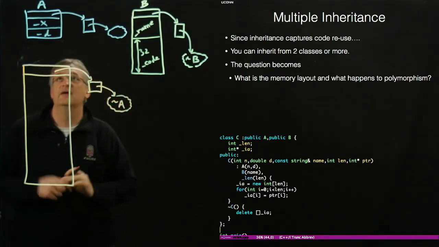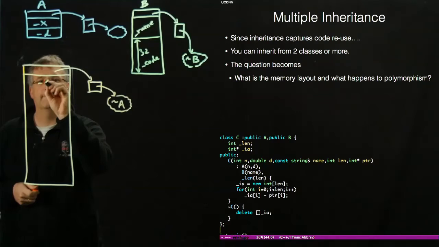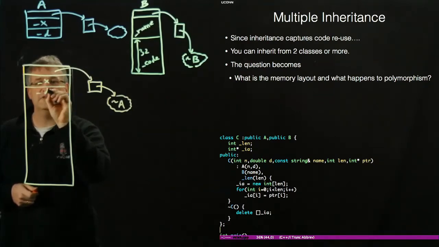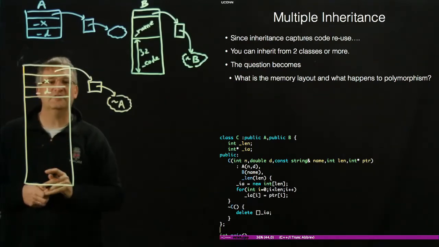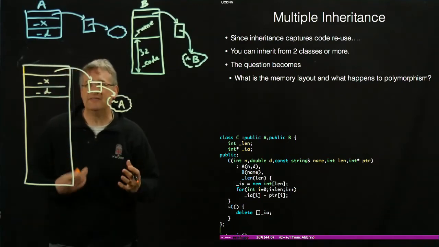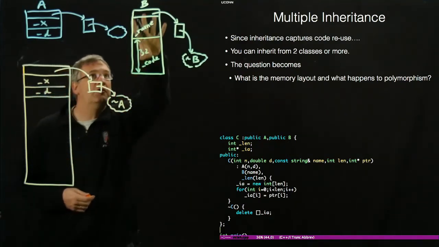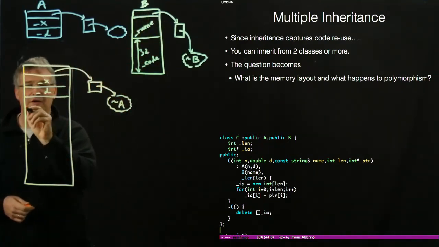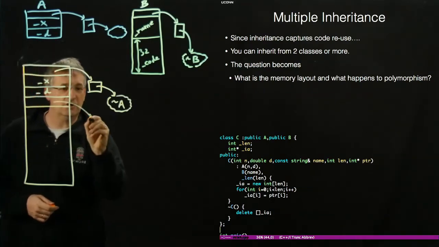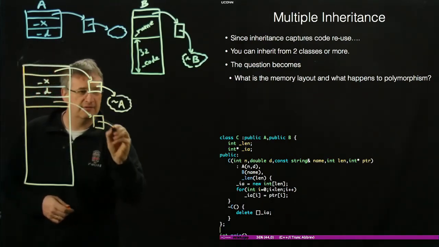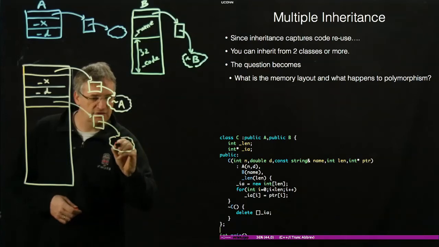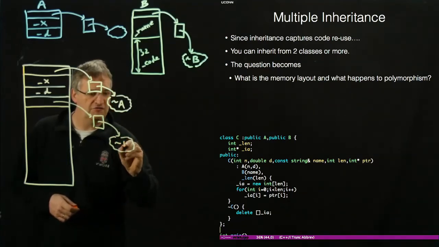Then I have an X, and I have a D. This is not drawn to scale, but it gives you the idea. Then once I have that, I've got to have a B. So now I'm going to put it here. I'm going to have a pointer to another VTBL. And this one will have the destructor of B.